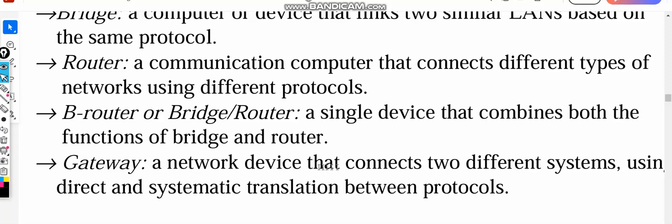Gateway: a network device that connects two different systems using direct and systematic translation between protocols. So what is a gateway?